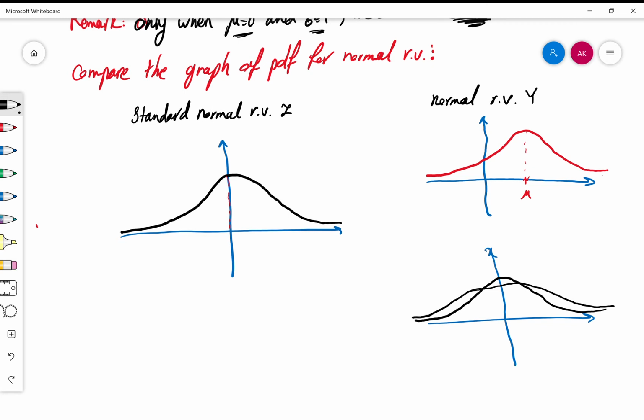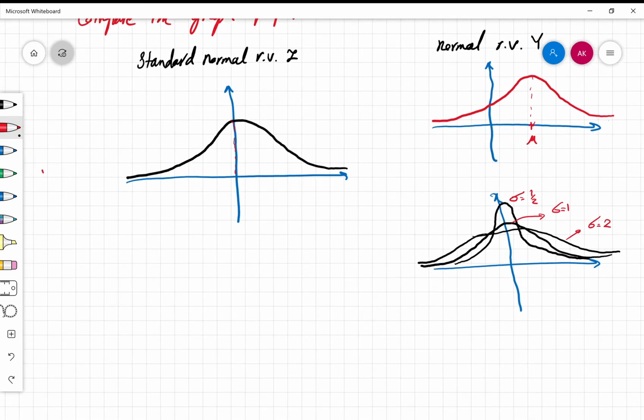If the sigma is smaller, it will be more concentrated around the symmetry. So for example, this can be sigma equal to half, this can be sigma equal to 1, and for this one, sigma is equal to 2. So the bigger sigma is, the more spread out this bell-shaped graph will become.